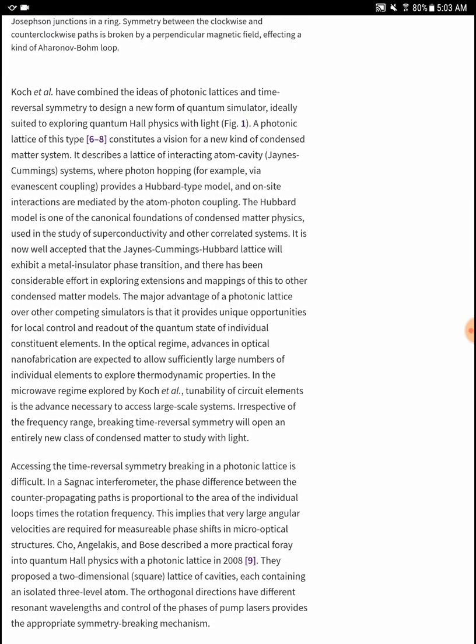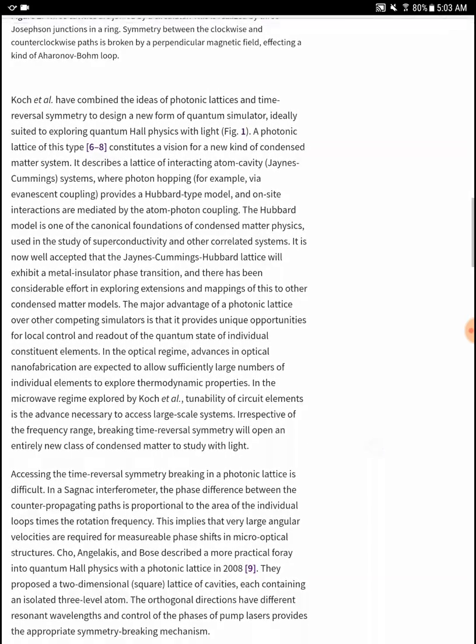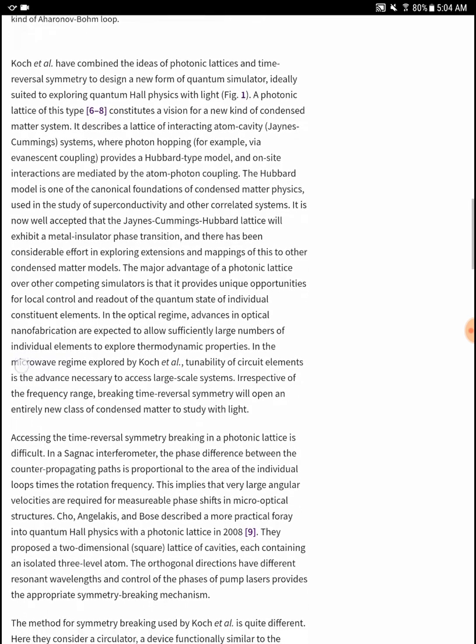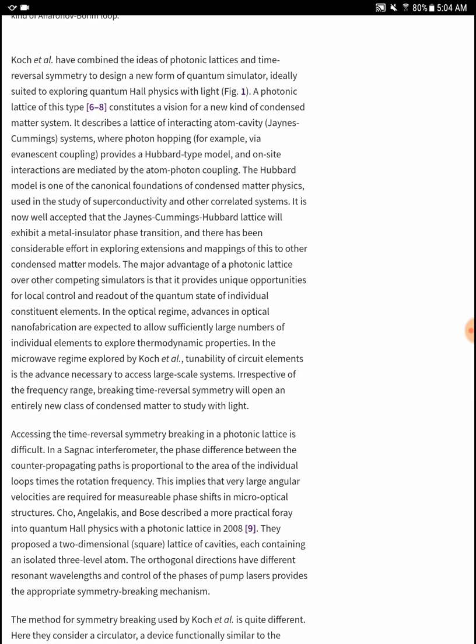Koch et al. have combined the ideas of photonic lattices and time reversal symmetry to design a new form of quantum simulator, ideally suited to exploring quantum Hall effects with light, Figure 1. A photonic lattice of this type, reference number 6 through 8, constitutes a vision for a new kind of condensed matter system.